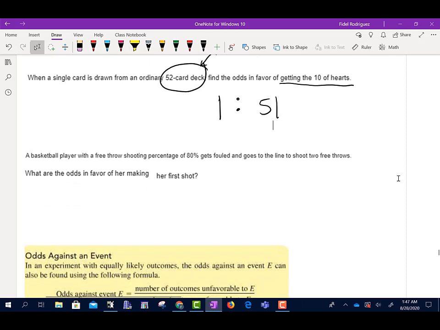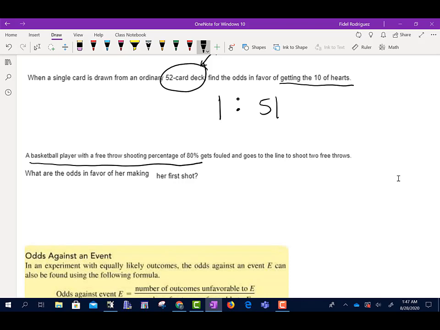All right. So let's take a look at this next problem here. It says a basketball player with a free throw shooting percentage of 80% gets fouled and goes to the line to shoot 2 free throws. What are the odds in favor of her making her first shot? Okay, so let's think about this first part. What does this mean?